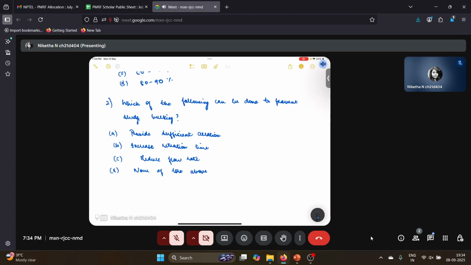Second one is to increase the retention time. The third one is by reducing the flow rate. And the last one is none of the above. So the first option is correct. It's because when we provide sufficient aeration, it prevents the growth of filamentous bacteria. So once the filamentous bacteria is controlled, then the sludge bulking will be reduced.